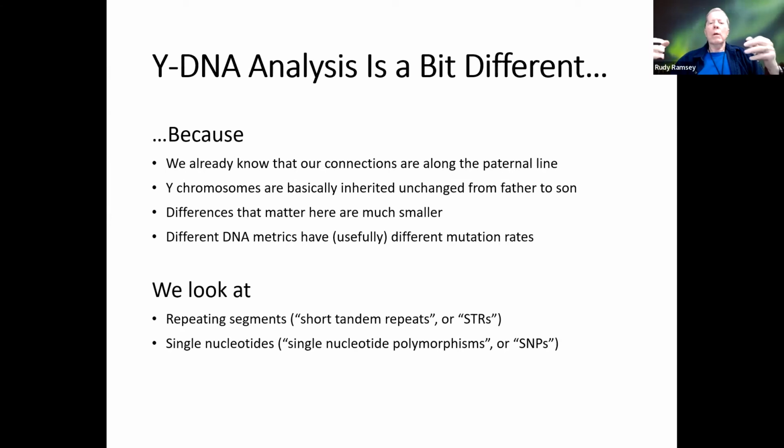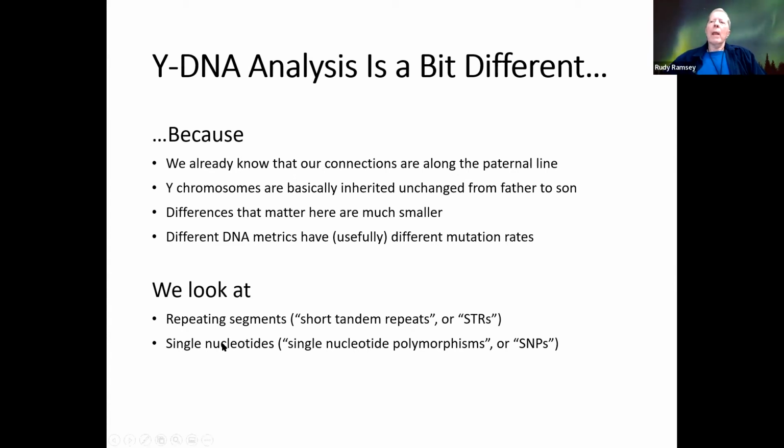But when you combine those two mutation patterns, the arithmetic works out such that there's a pretty good chance, I think more than 50%, that there is some difference in the Y chromosome between me and my grandfather, or certainly between me and my great-grandfather. So the mutations are meaningful in genealogical research time.